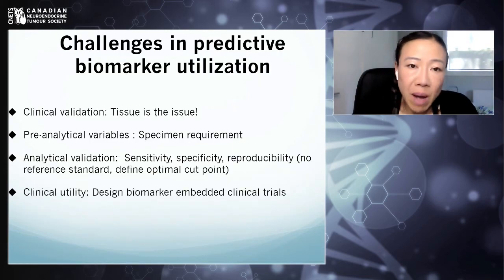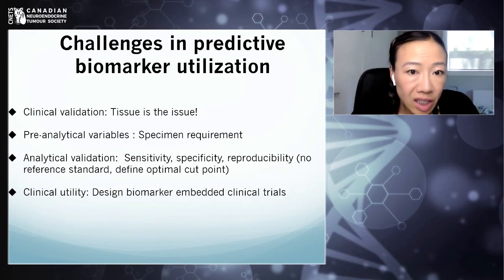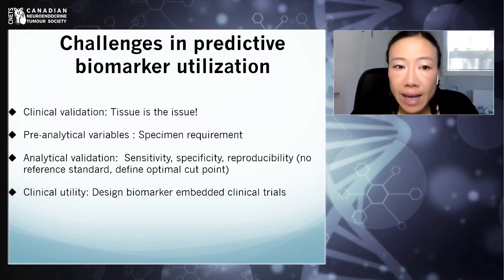Utilization of a predictive biomarker has many challenges. I mentioned the tissue: tissue is the issue. Once we obtain the tissue, there are also a lot of pre-analytical variables in how we obtain and store the tissue that make a difference.